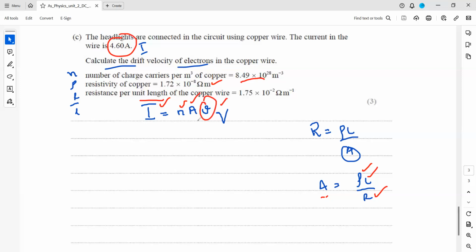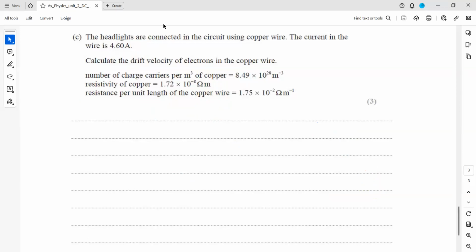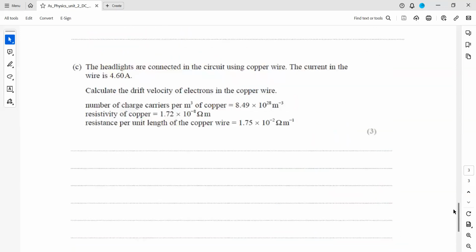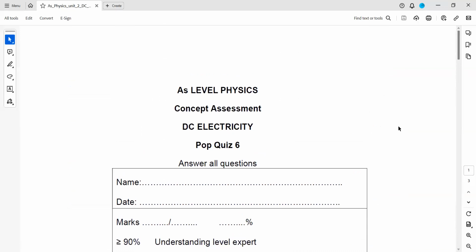So we can work out the drift speed, which is I divided by nAQ. That will give us v, so we can get the drift speed. Is this one clear? We just have to substitute the values to get the drift speed. So this was a pop quiz related to DC electricity.